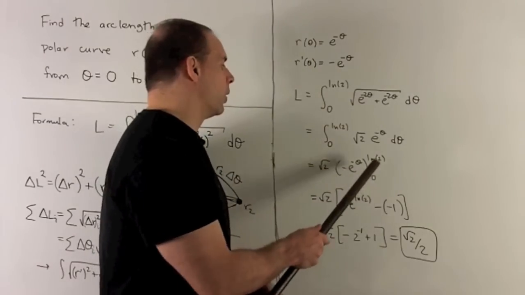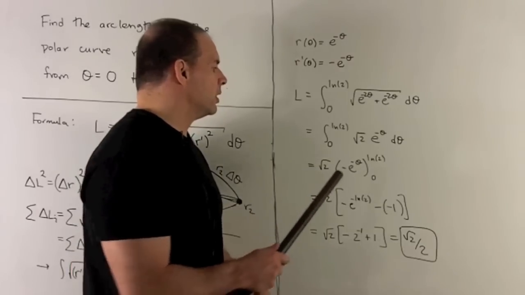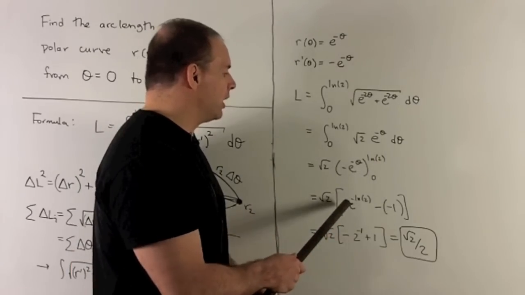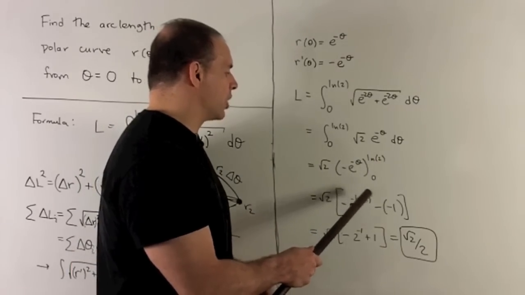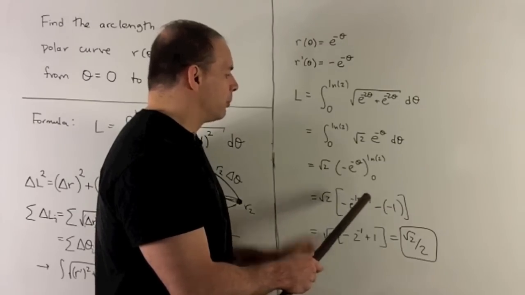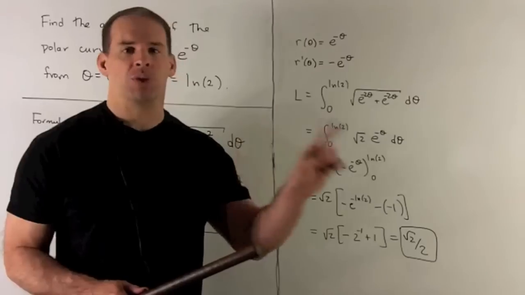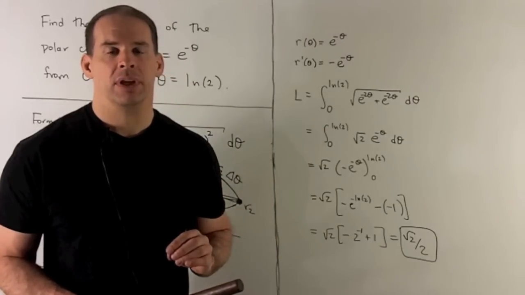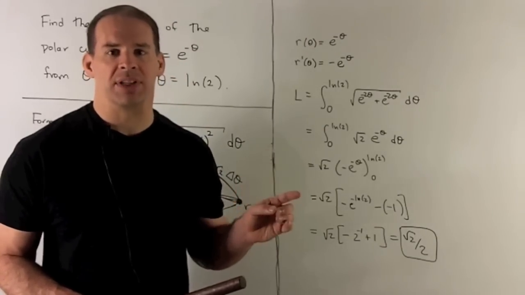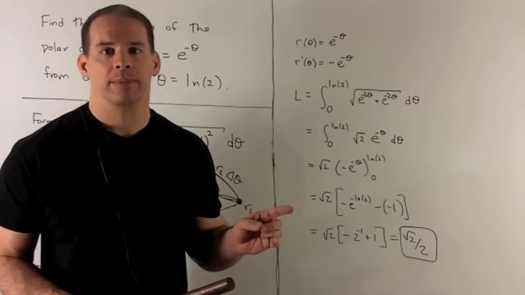We go from 0 to natural log of 2, with a square root of 2 out in front. Putting natural log of 2 in gives me minus e to the minus natural log of 2. I can pretend there's parentheses: e to the natural log of 2 with a minus 1 on the outside. The e to the natural log of 2 collapses, leaving 2 to the minus 1, or a half.